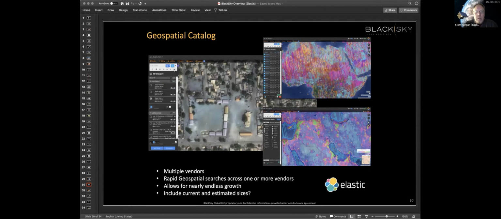The geospatial catalog is really the heart of how we're using Elastic. It consists of data coming from many different sources and many different vendors. And that's important because it means that the structure of the data coming from many different locations is not something that we try to prescribe into a strict taxonomy, kind of like an old relational database.